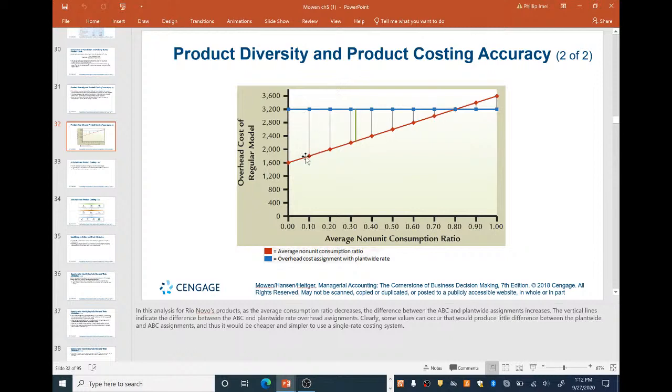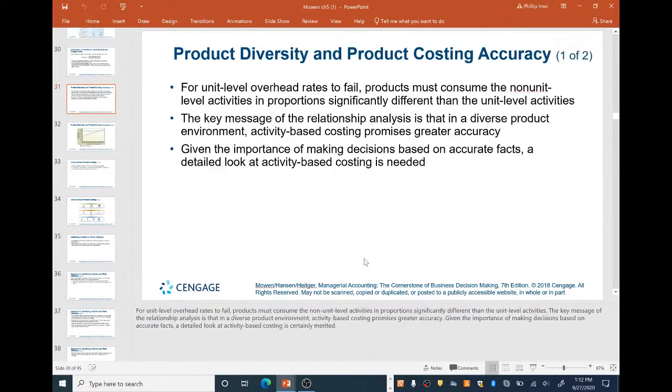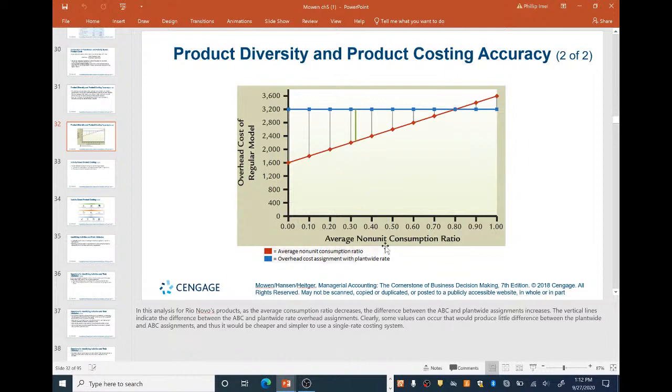So the variance is going to increase as the average non-unit consumption ratio gets smaller. The vertical lines indicate the difference between the activity-based costing and the plant-wide rate overhead assignments.